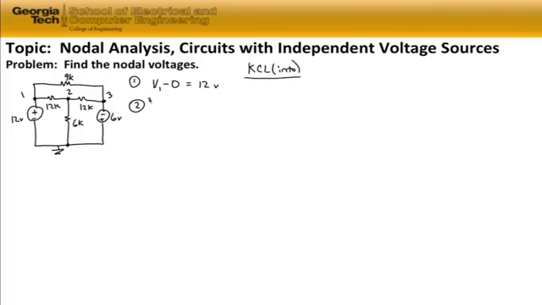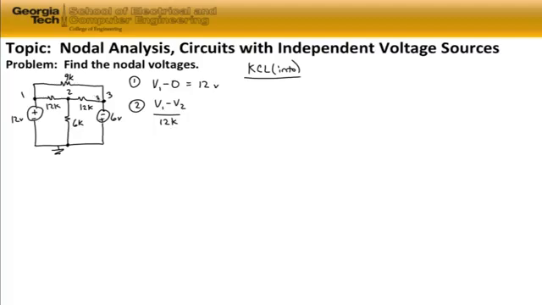For the 12 kilo ohm resistor on the left-hand side of the circuit, current flowing from left to right is going to be V1 minus V2 over 12 kilo ohms.